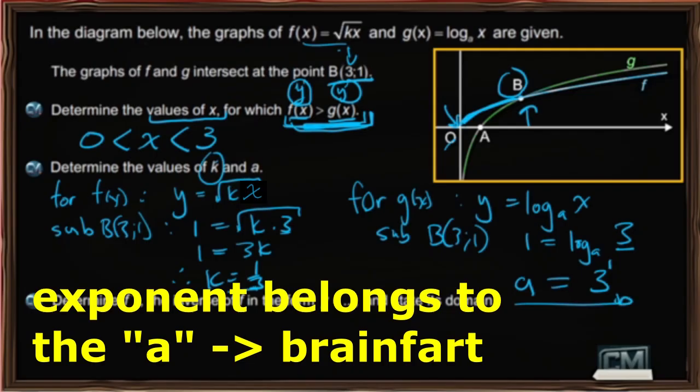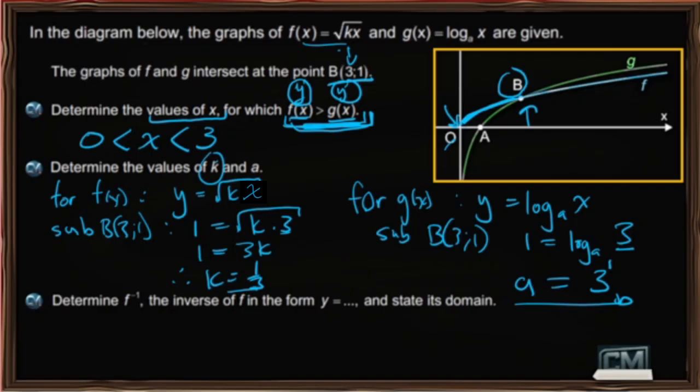Now determine the inverse of f in the form y is equal to, and state its domain. So what we'll do is, for the inverse of f, we'll obviously have that x is equal to the square root of, well, k is 1 over 3, because we've got its value, and then this becomes y.